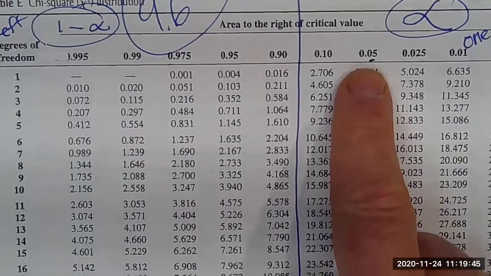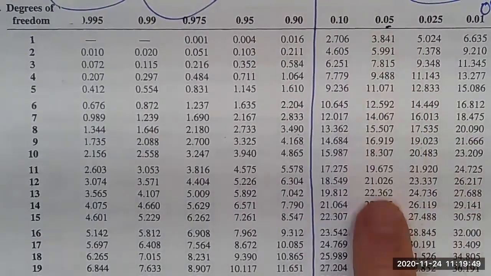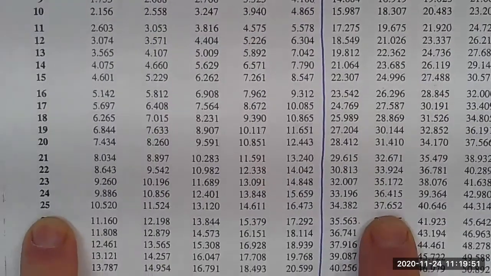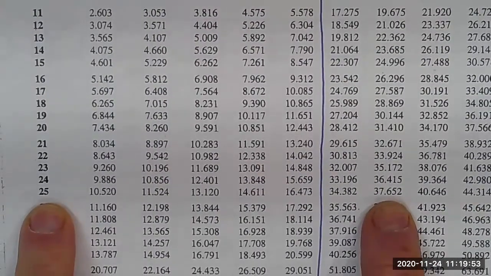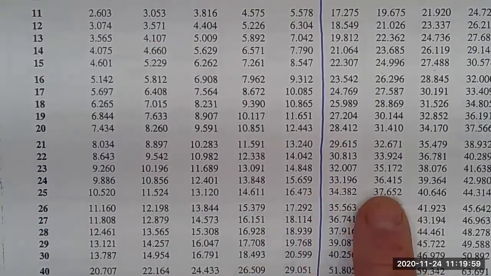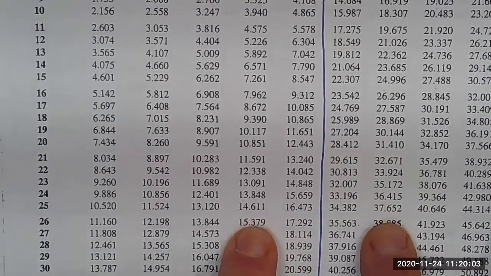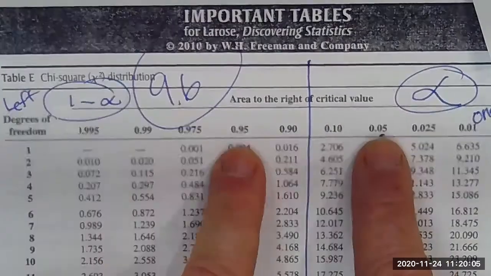So this is going to be the right hand one, and I go down to that 25 again. Sure enough, there's that same number, 37.652. The other one is two across this blue center line, so I should be over there. Just to confirm, these two numbers had better add up to 100%, and they do.